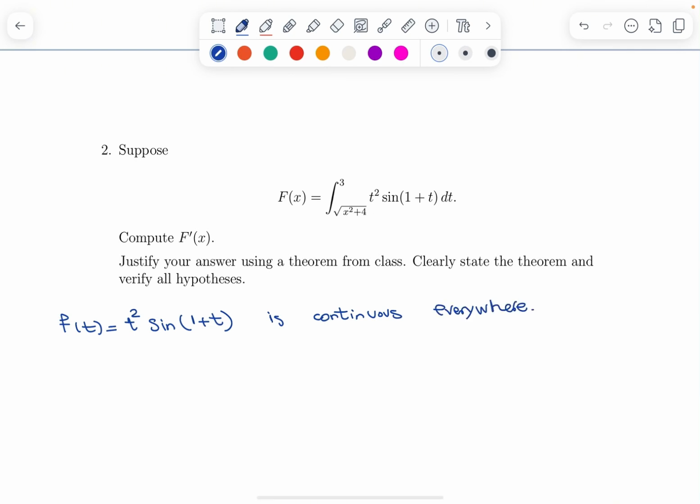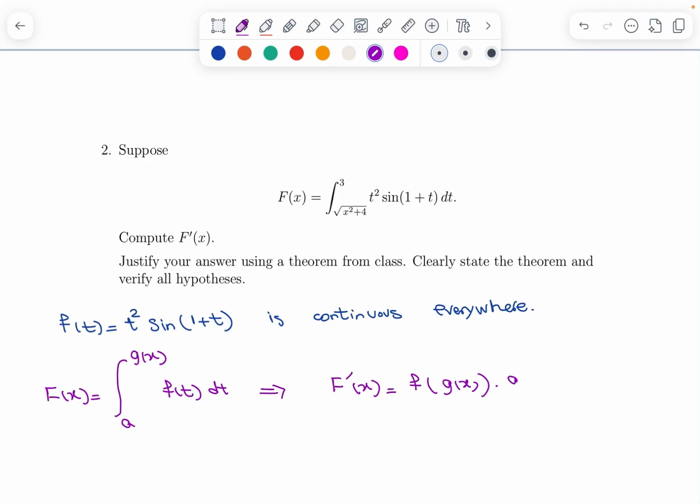So, therefore, f of t, or our integrand, is continuous everywhere. And also, we learned when capital F of x is a function like this, the integral of a to g of x of f of t dt, then the derivative of this function would be f of g of x times g prime of x.